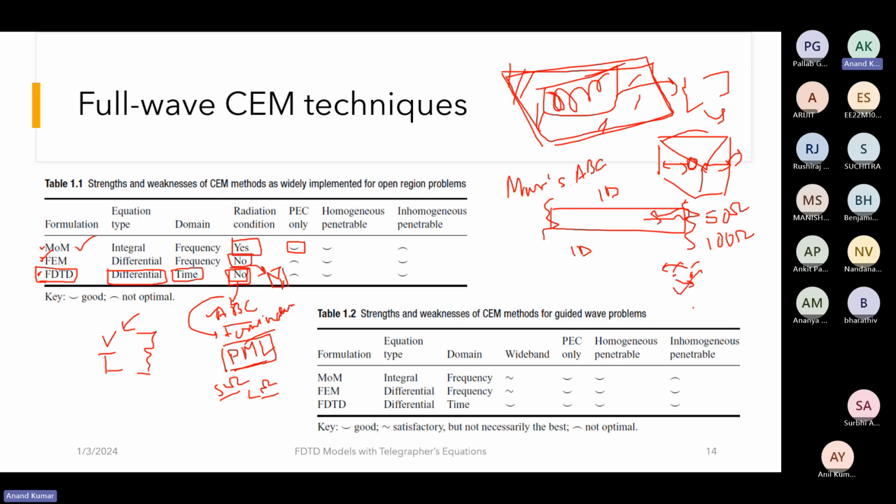So this avoids reflections, but we won't be looking at Mur's in this class. If you want to see Mur's, you can refer to my other course. In this particular course, we will have a circuit which will always be terminated by a load impedance, and this load impedance will be included in the formulation of the voltage and current which we'll be using for the update equations.